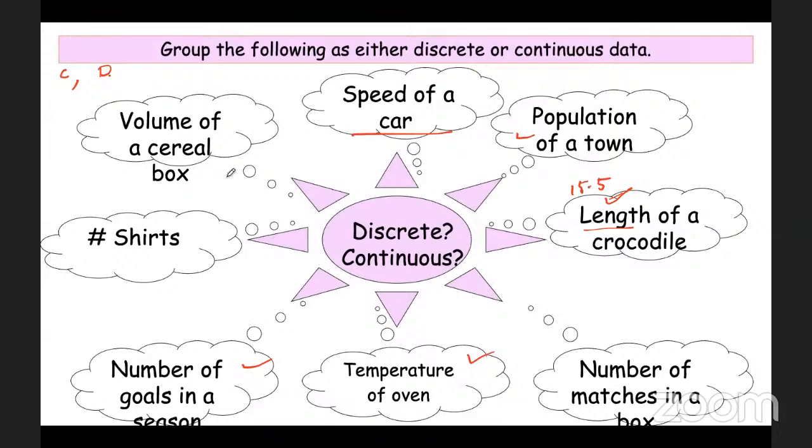Discrete. Right. Then we have number of shirts, discrete. Excellent, guys. Fantastic. So you got the point.